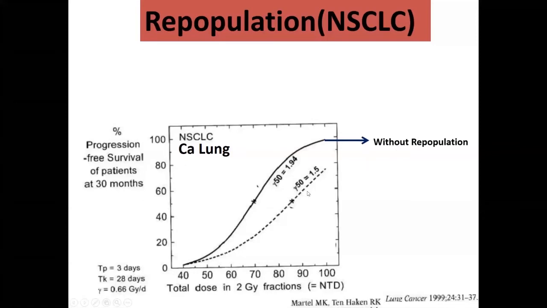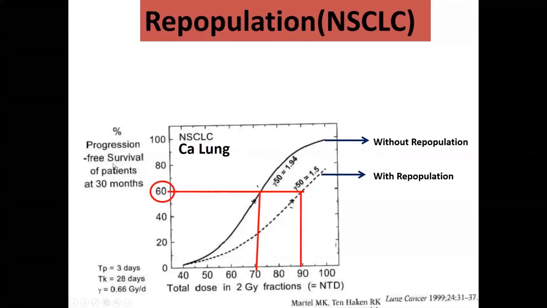This graph belongs to when there is accelerated repopulation during radiation. Suppose you want a 60% tumor control probability, then you have to deliver, say, 70 gray if there is no repopulation, but a higher dose, say around 90 gray, when there is repopulation. So this clearly shows that repopulation has a negative impact on tumor control, right?